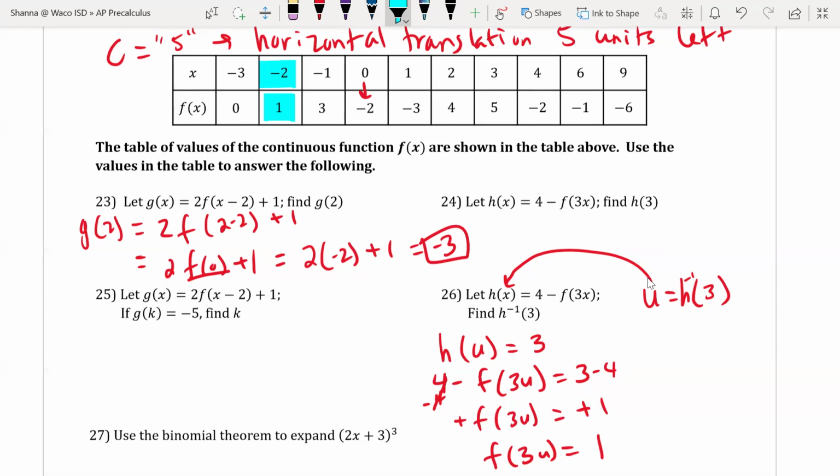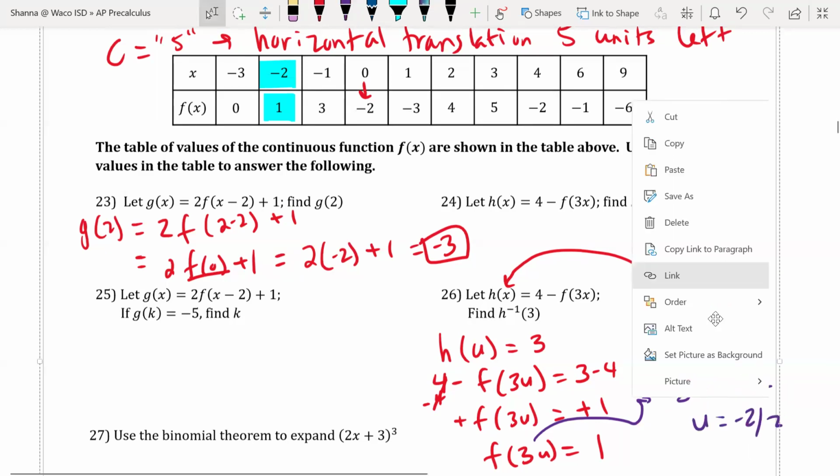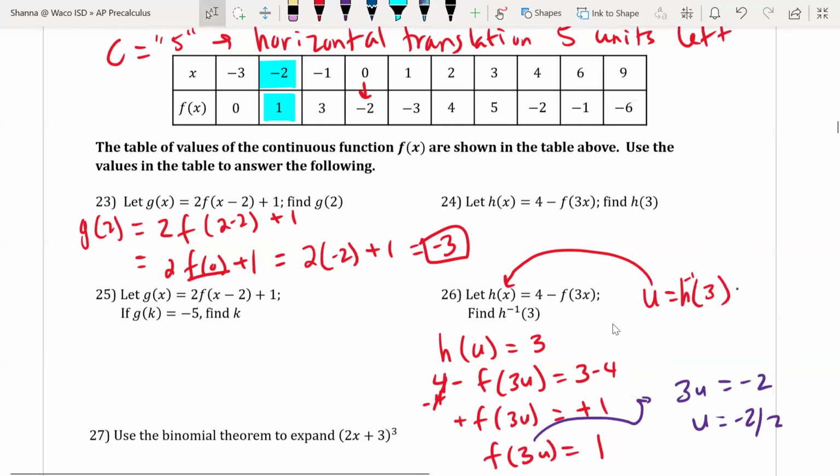So when we get an output of 1 at negative 2, that means that our inside, this 3U, has to equal negative 2, because that is the input. So therefore, our U equals negative 2 over 3. So this equals negative 2 over 3. U substitution is going to be the best.